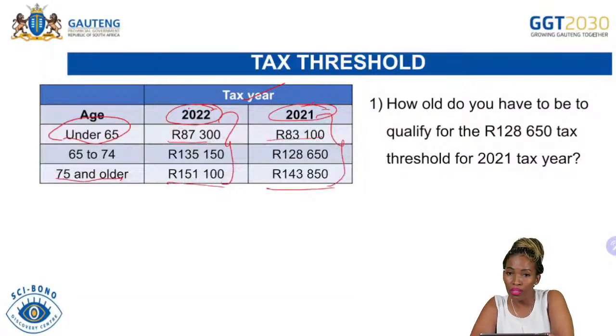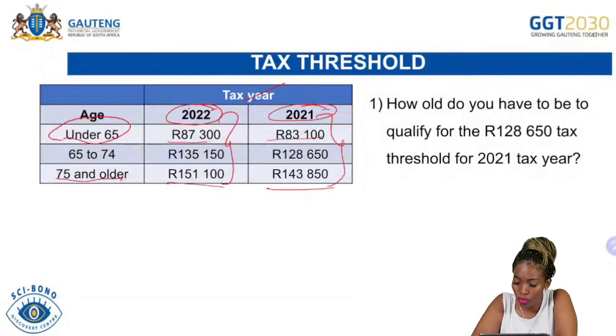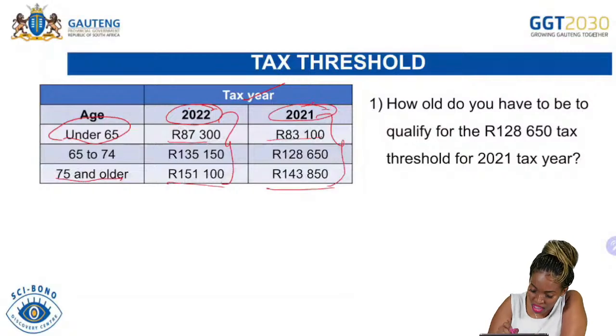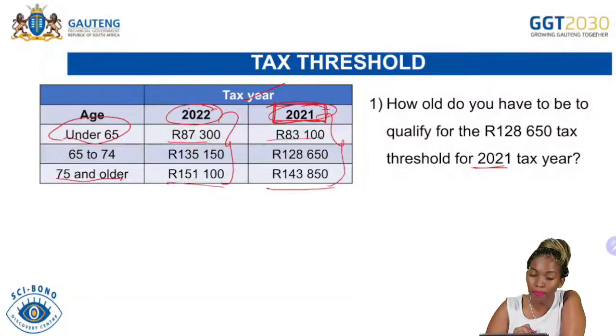So an example: how old do you have to be to qualify for the 128,650 tax threshold for the 2021 tax year? The question is saying 2021, so we go to 2021. There is 2021. And then they say, what is the threshold?